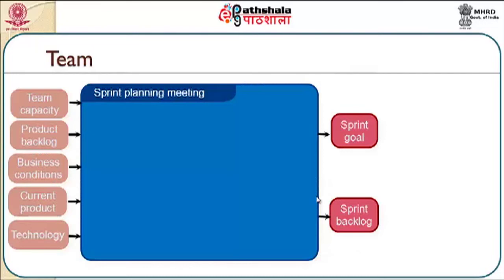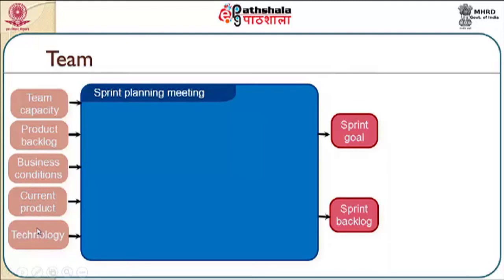Working in this team, the members have to convert all team activities into sprint goals and backlogs. So the entire capacity of 5 to 9 people has to be given as input. I will look at all the features provided by my product owner, the business conditions my product owner gives me as constraints, and the current product and the technologies that are available.